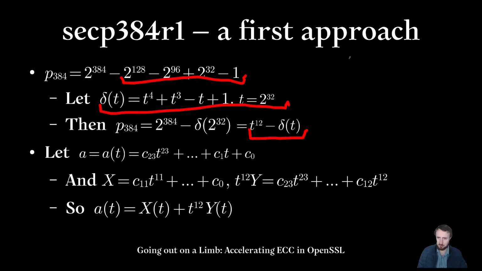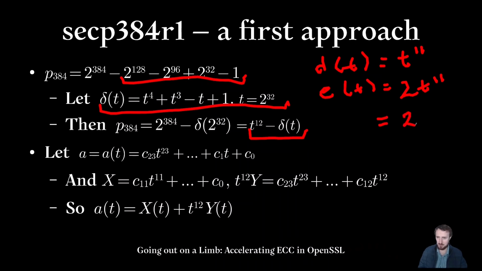And so suppose we've just multiplied together two numbers. So let's go, d of t is equal to t to the power 11. e of t is 2t to the power 11. Then, as you can tell, they can have a product, which is itself a polynomial with degree 22 here, for example.